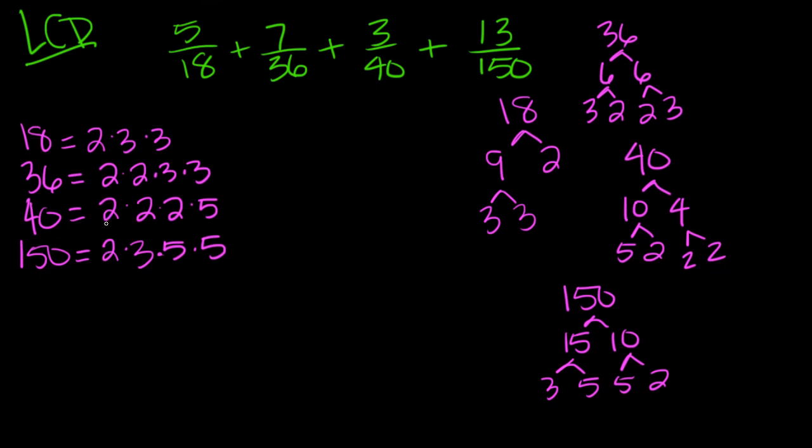The most 2's that ever appear are 3. So I'm going to underline or circle or box, somehow indicate that I need three 2's, because that's the most amount of 2's that appear. For 18, I need one 2 for the LCD to be a multiple of 18. Well, that one 2 is accounted for when I say I have three 2's. So that's why this works.